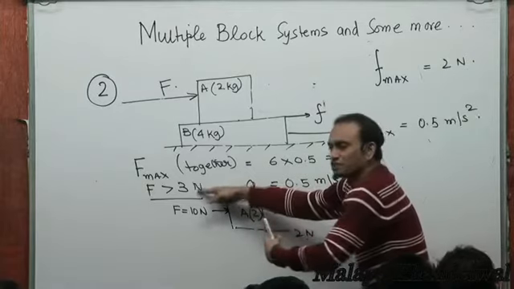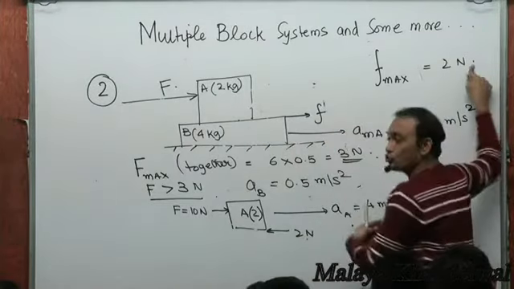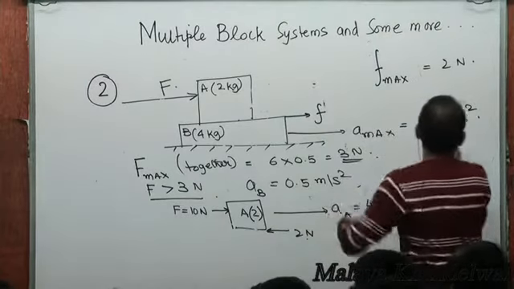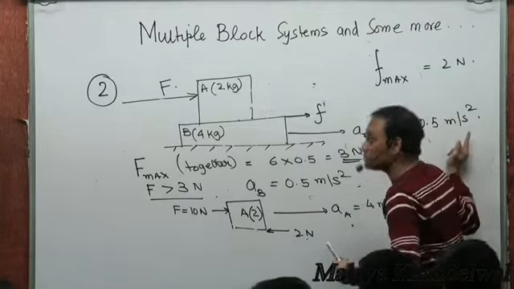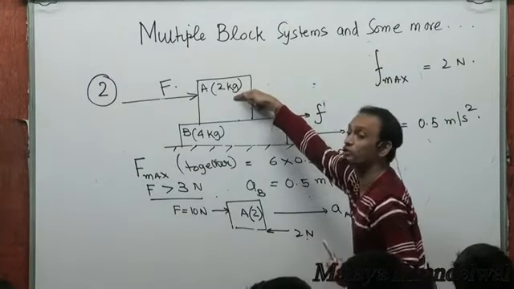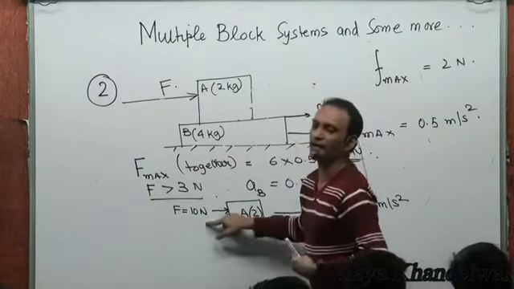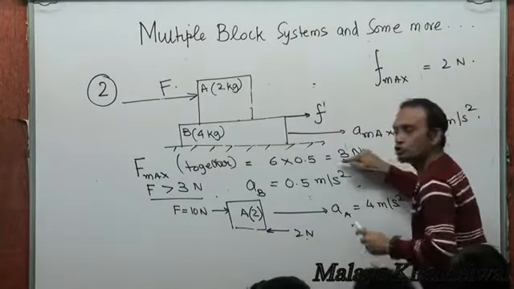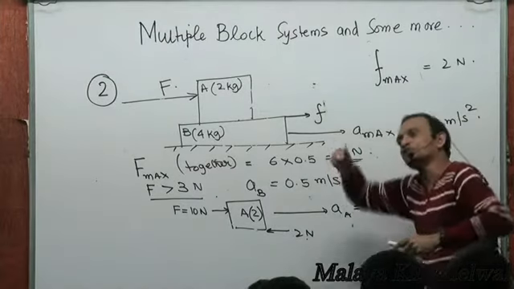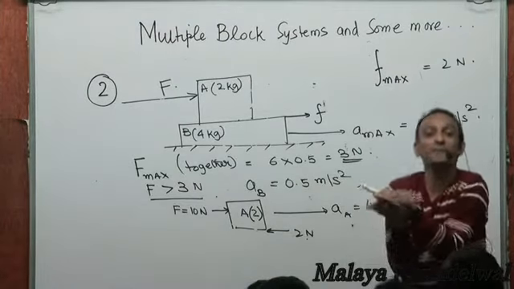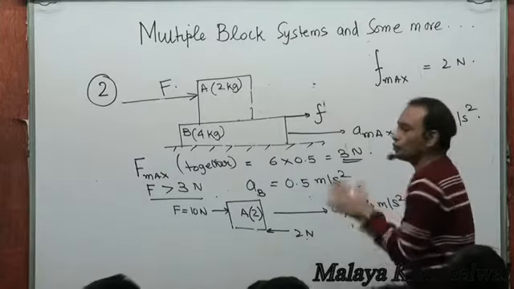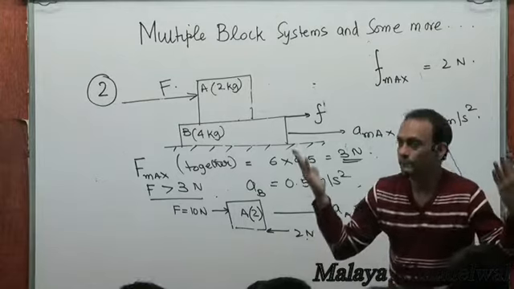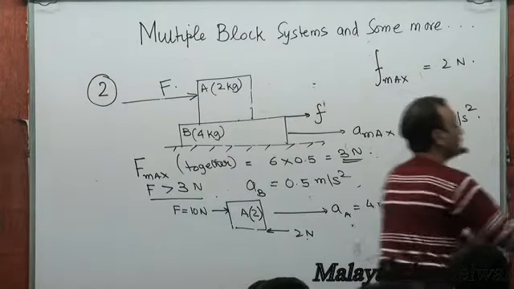When F becomes larger than 3 newtons, frictional force remains 2 newtons, and the lower block accelerates with the value 0.5 meters per second squared. The value of the acceleration of the upper block will depend on capital F. It can go to any value, right? So in this case, the magic number is 3 newtons. For F equal to 3 newtons, slipping just about commences between A and B. Clear? Okay, let's go further.